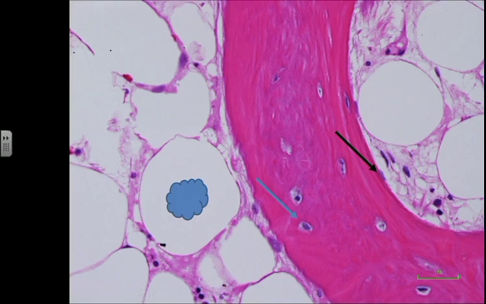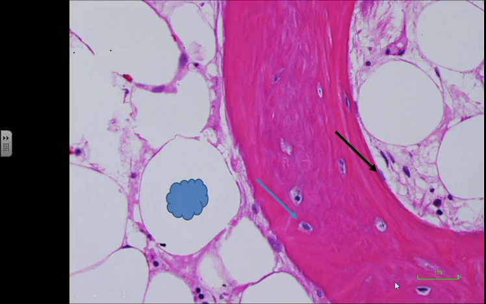We don't see any cartilage in the center because that's an adult. So all the cartilaginous skeleton that was present in a fetus has already transformed into bone. There are no remnants anymore because this is an adult and enough time has passed that all the cartilage has been transformed into bone.